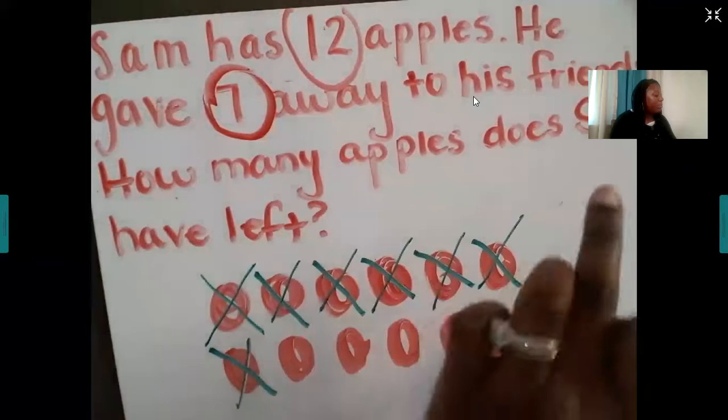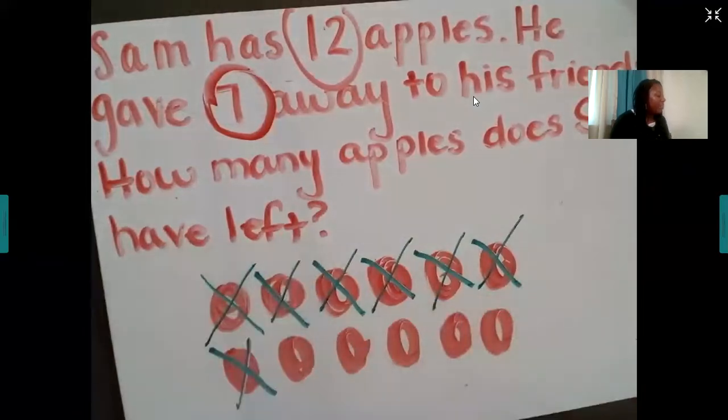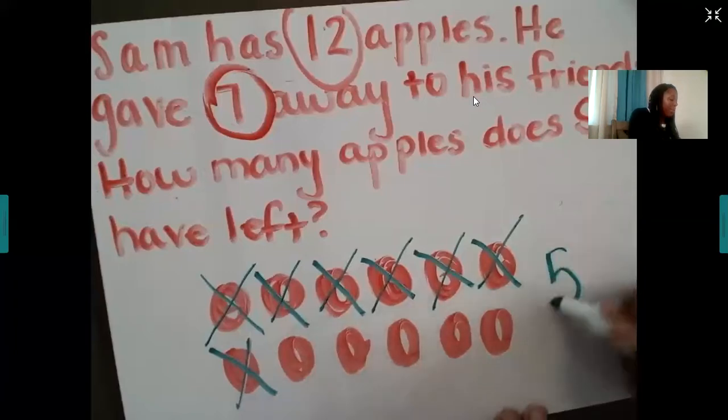How many apples does Sam have left? Let's count them together. How many of his apples do not have X's? 1, 2, 3, 4, 5. 5 apples are left.